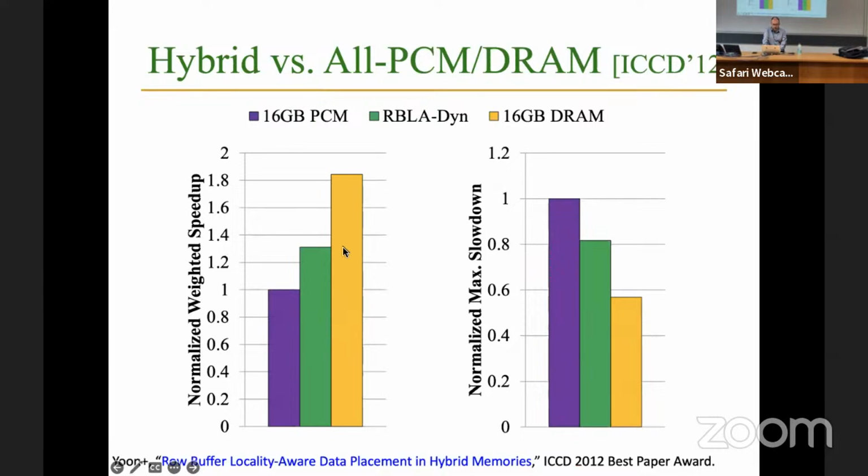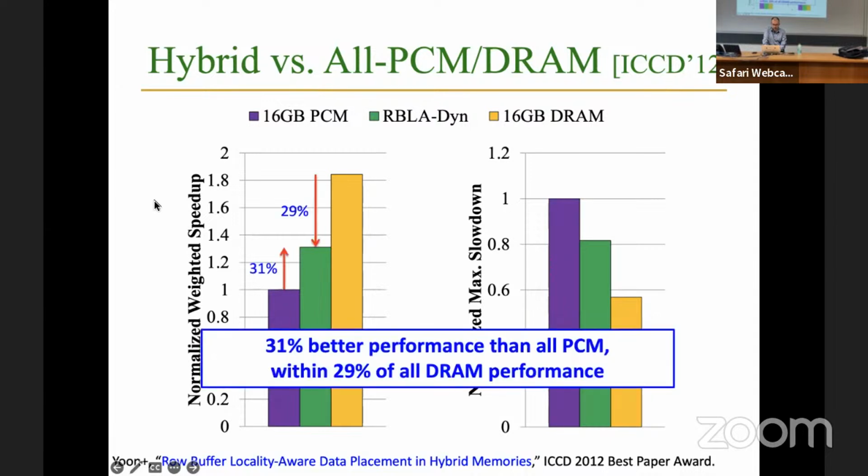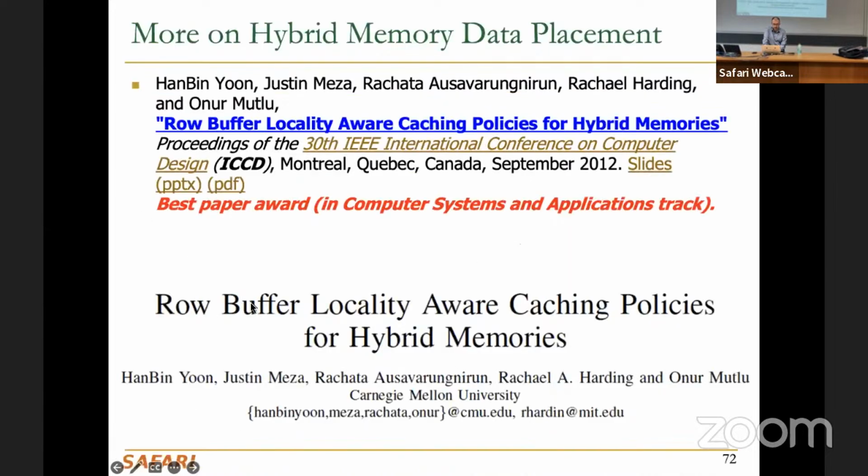And here are some results, where you can see good speedup. You can check this paper to learn more about this work, how you can make your hybrid memory management technique aware of row buffer locality and also memory access pattern.